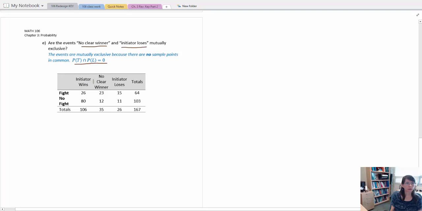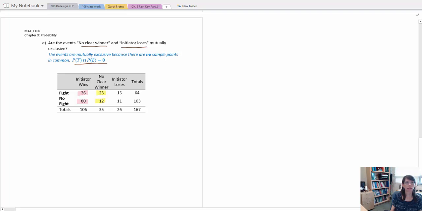No clear winner, 23 and 12 are no clear winner, and then initiator loses would be the numbers 26 and 80. You can clearly see that those events share no values. Nothing is overlapping or intersecting, so they would be mutually exclusive.